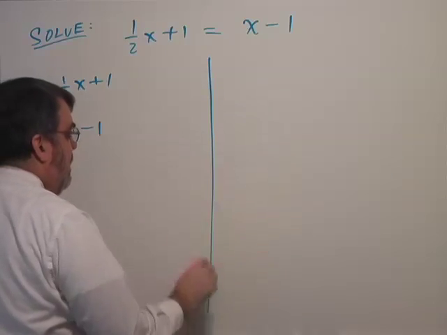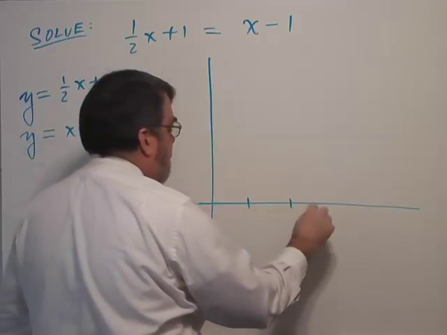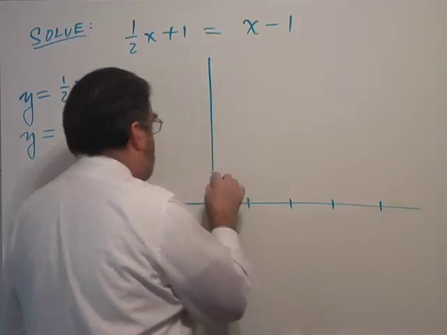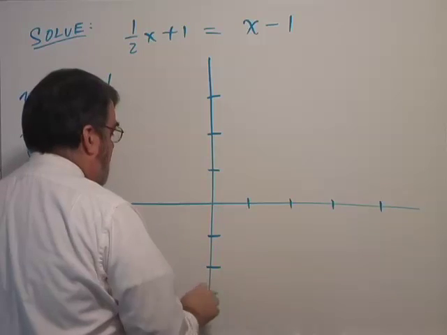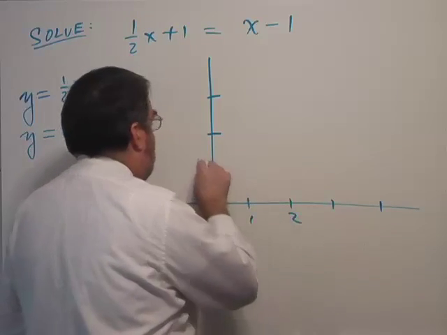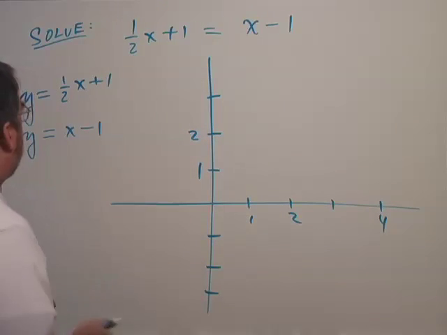So I'm going to try to draw this with some accuracy here. Okay, and each scale mark is a single unit. I know I have to go over to 4.